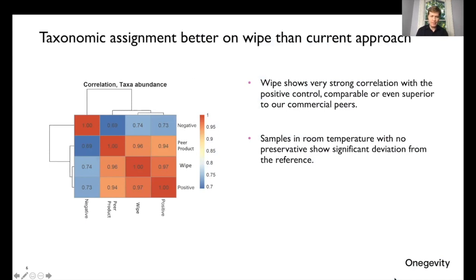So here's the bit of data. If people want to dive into this later one-on-one, I'm happy to go through it more. What this shows is that when we did the sequencing with the wipe, we actually got better correlation with a positive control, which is a gold standard positive control shipped in dry ice. If we compare this to the current technology, we get, in fact, better sequencing quality.